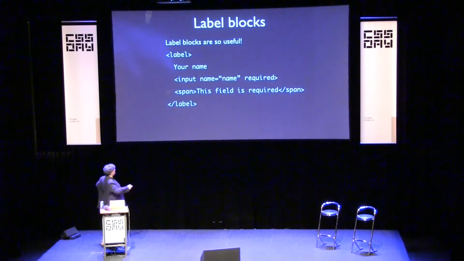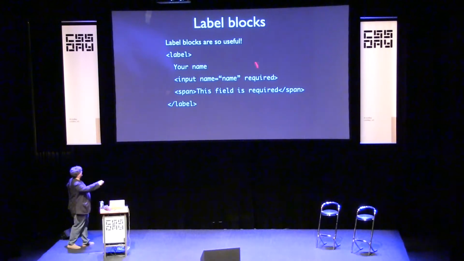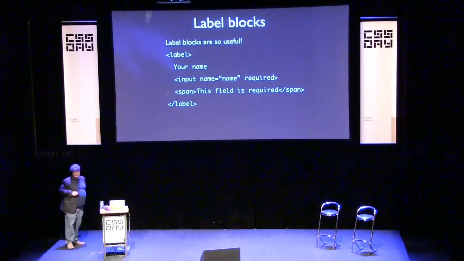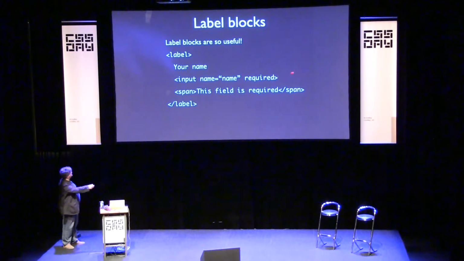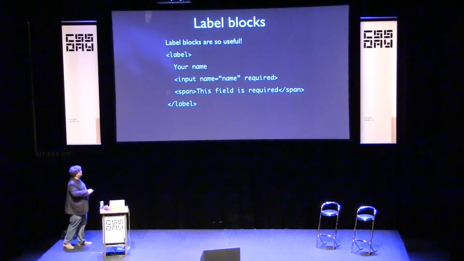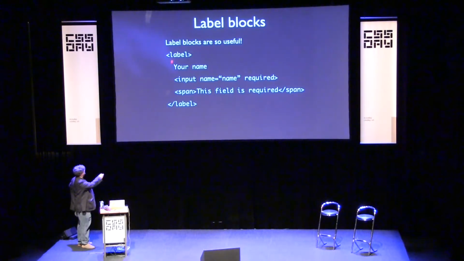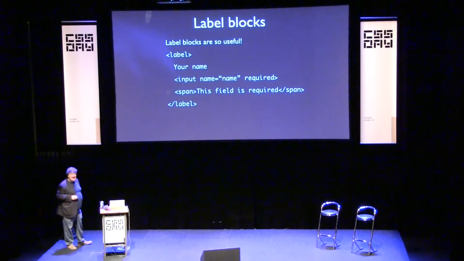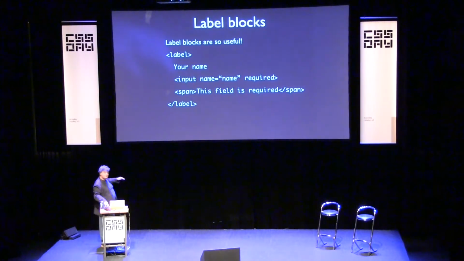So, the reason why I love labels is this. This is my absolute favorite way of building up a form. You just put the input inside the label, and you can also add the text that the user is seeing and potentially an error message. You don't need the for attribute here, because obviously the label is about the input that's inside of it. And in general, you want your form fields to form a little block, right?